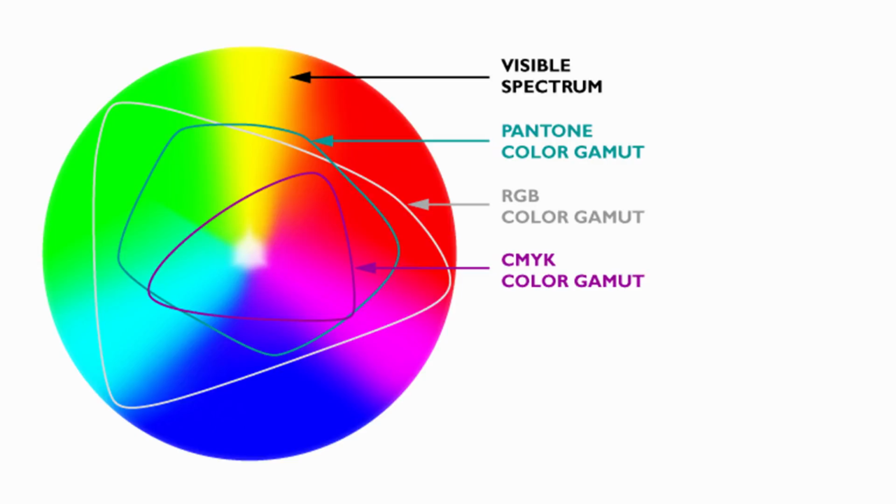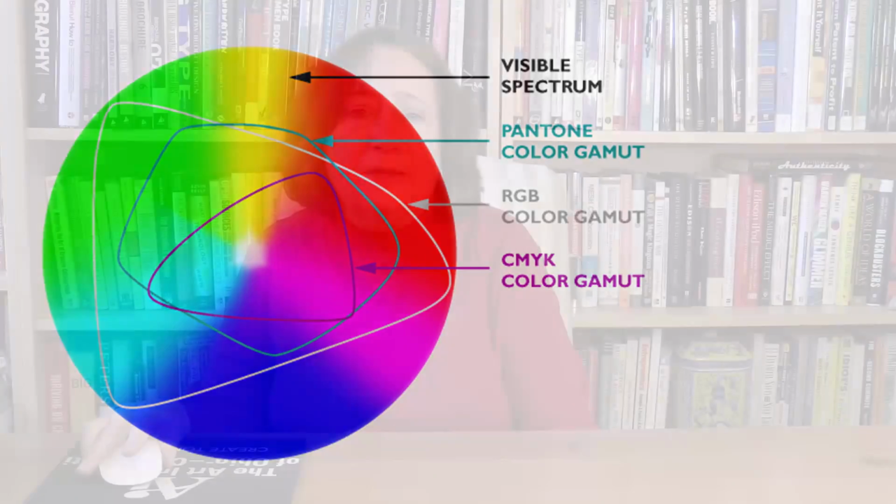See how much smaller the CMYK gamut is? It's actually little spots inside that circle, not every color. This means you can't possibly print the colors you are creating on your monitor. They will never match because one is light and one is ink.